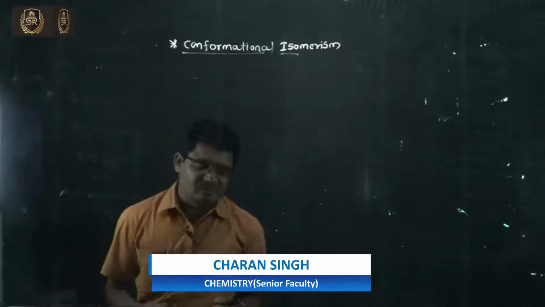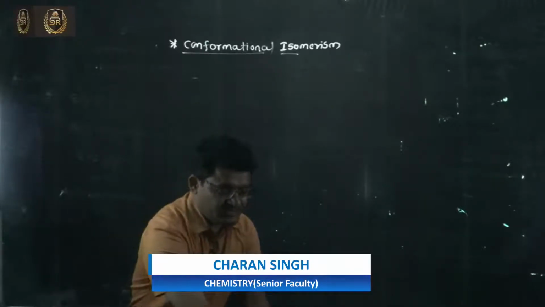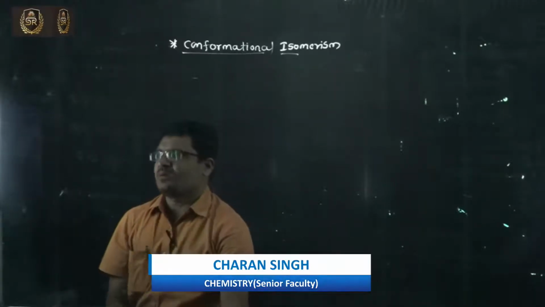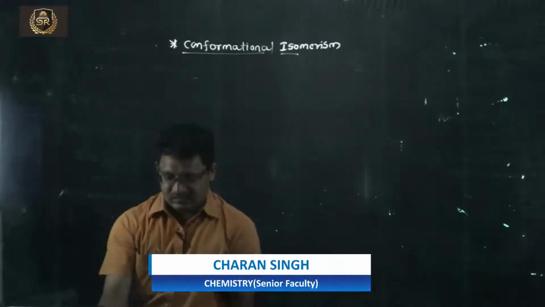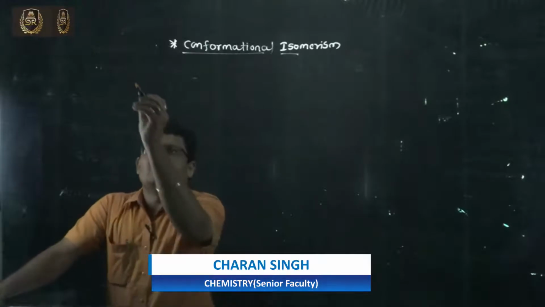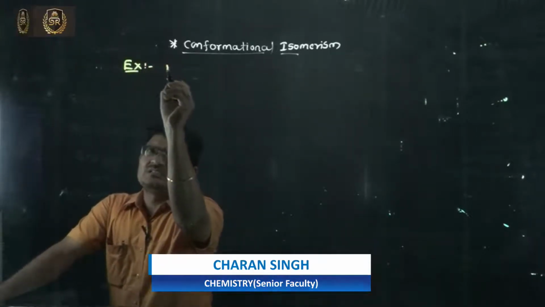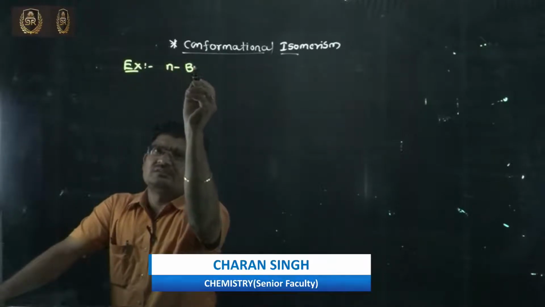So, now the best example of conformational isomerism is n-butane. Today we discuss this best example, butane.